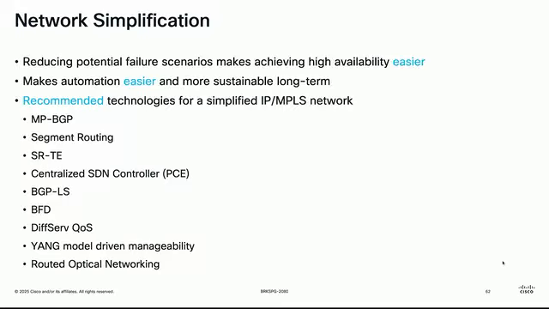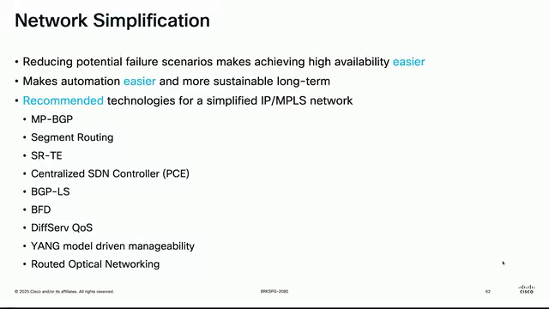Multi-protocol BGP as the unified service overlay control plane for all network services. Segment routing as the unified forwarding plane for all network services. Segment routing traffic engineering for advanced control of traffic flows. Centralized SDN controller, or SR-PCE, for network-wide orchestration of SR-TE policies and network bandwidth.